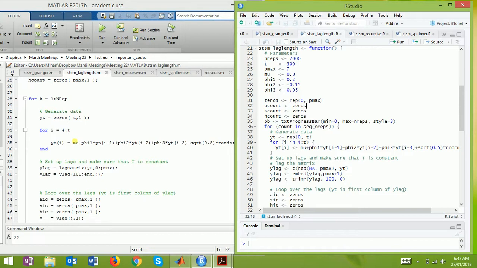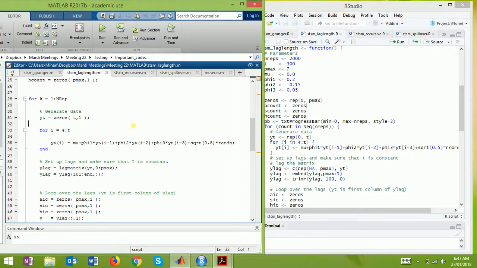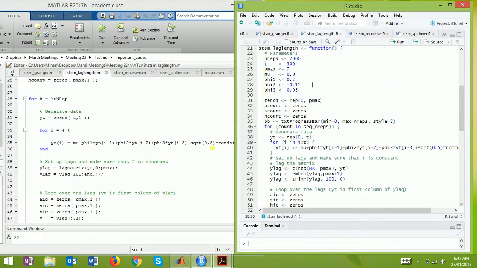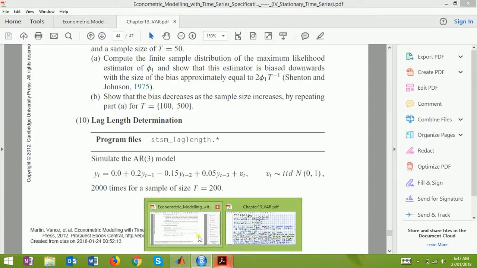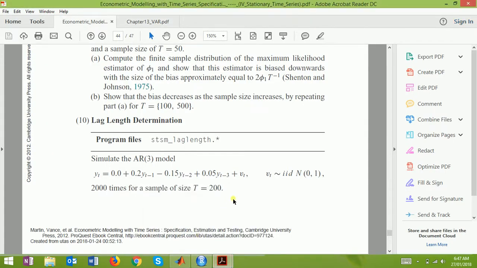First you generate your data residual, which will be given to your sample size, i equals 4 to t. Why i equals 4 is a good question, because we're talking about an AR3 model.